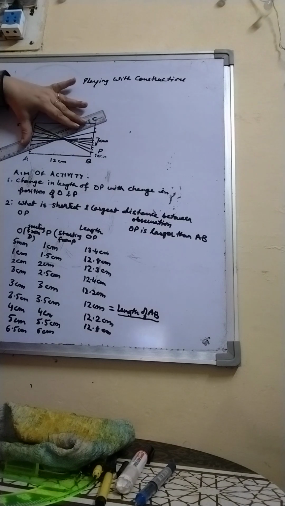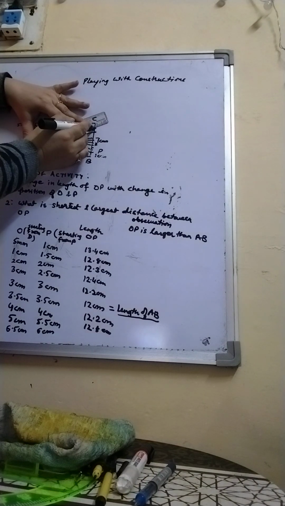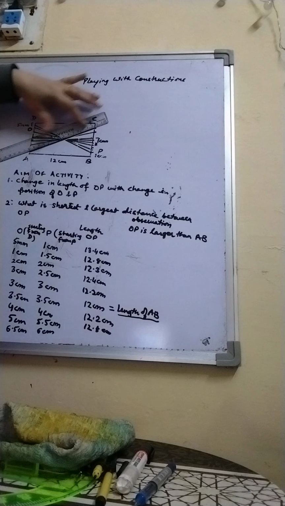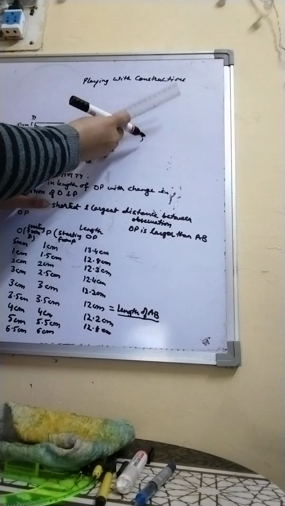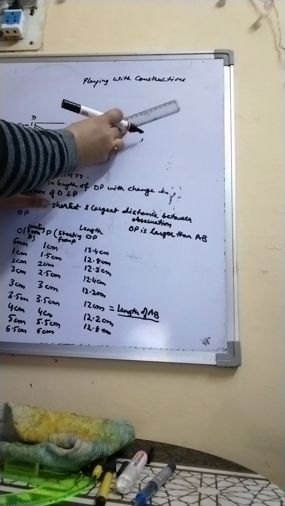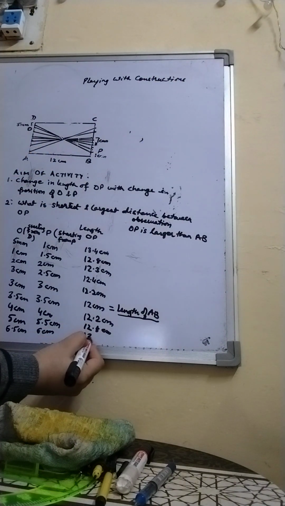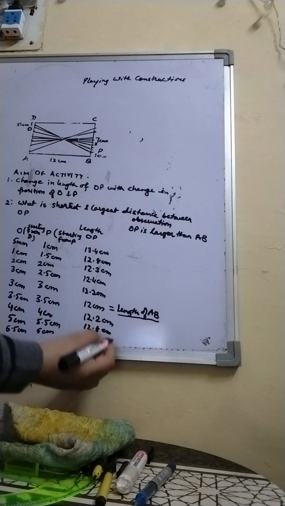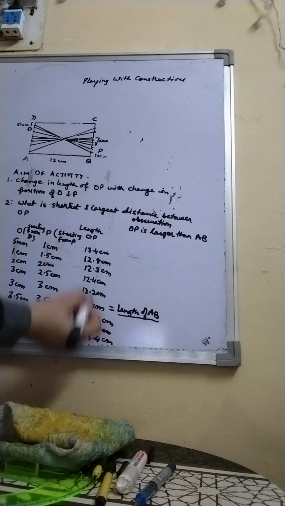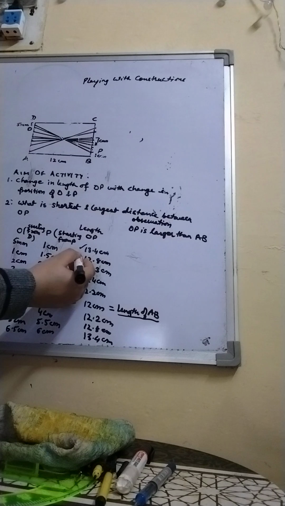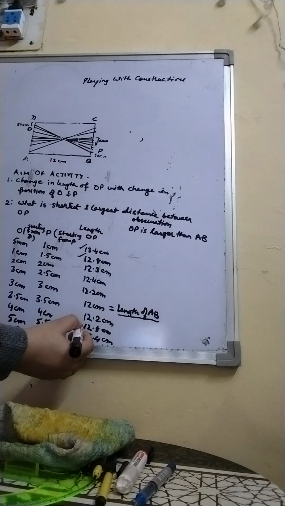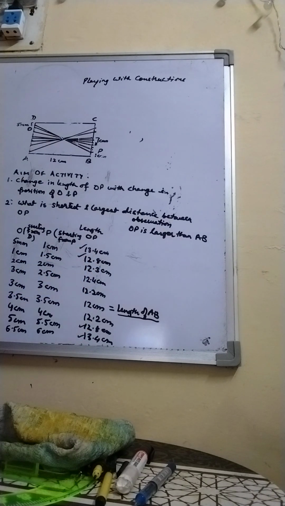Okay, now we join these two like this. What is the measurement? This comes out to be again 13.4. So you are seeing that the reading has started repeating again. It was 13.4 initially, then 12.8, and here also it is 12.8 and 13.4. So in this way your reading changes.